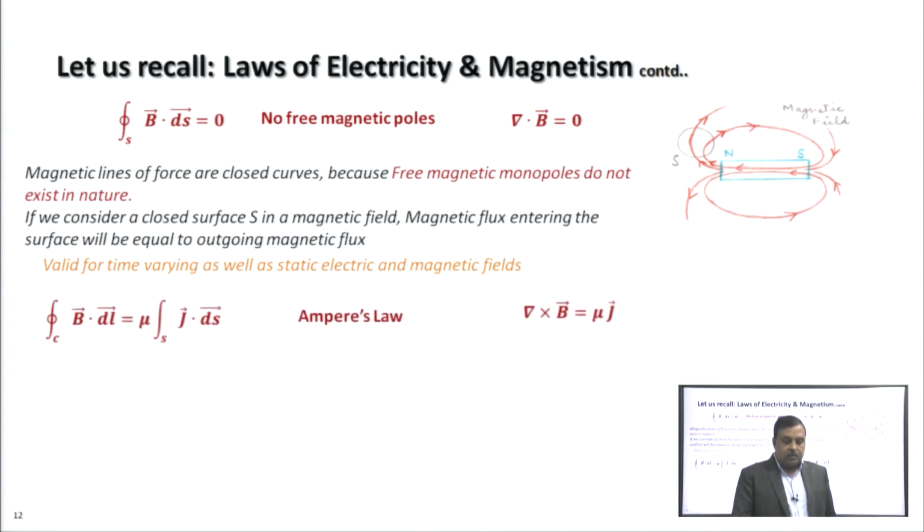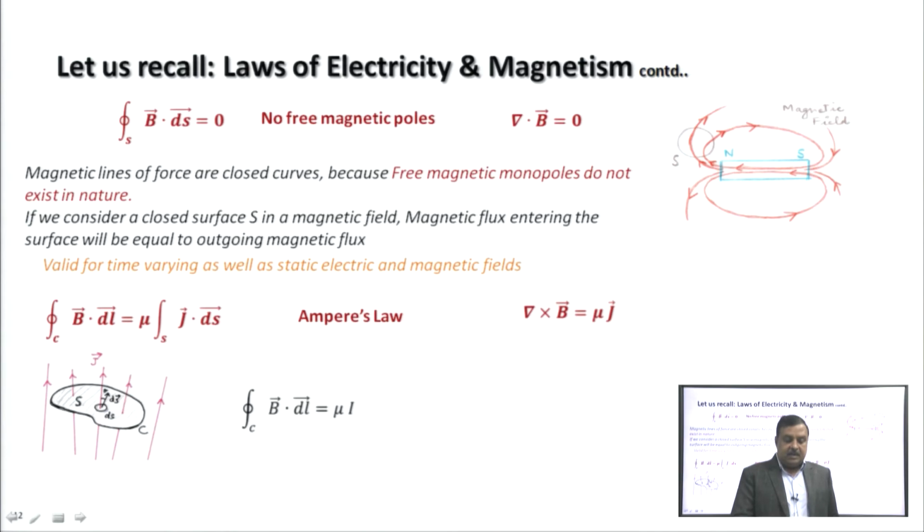And here is the fourth law, which is Ampere's law. This Ampere's law is not valid for the time varying case. If electric fields, magnetic fields, currents are changing with time, then this law is not valid. This is valid only for the static case.